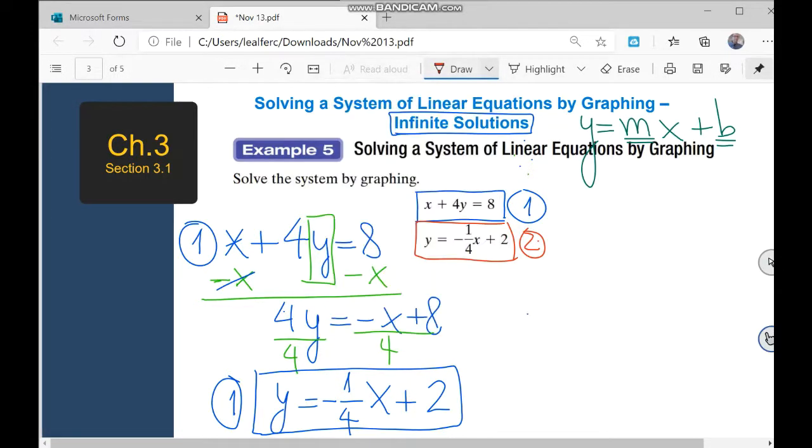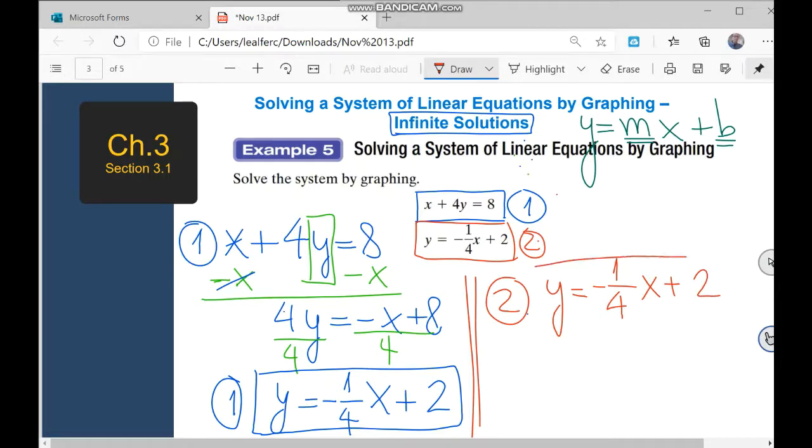Let's work now on equation number 2. We finished with equation number 1. It is now in slope-intercept form. Now look at equation number 2: y equals negative 1 over 4 x plus 2.